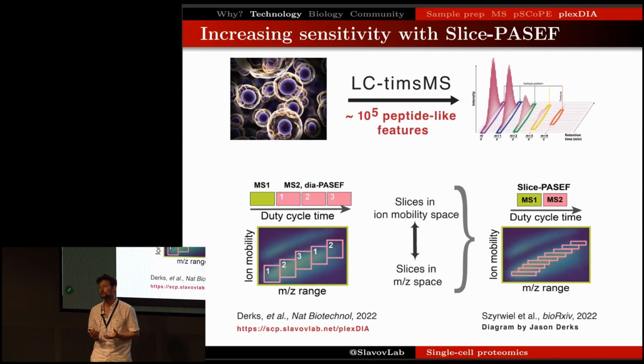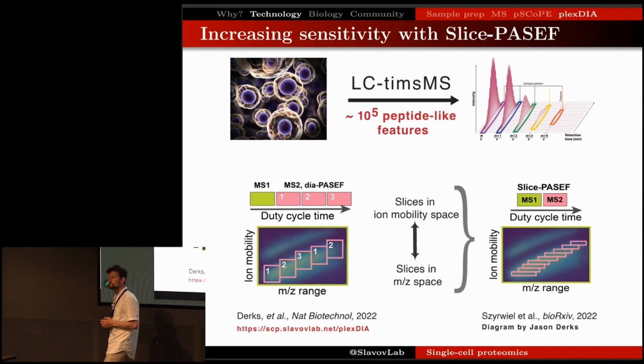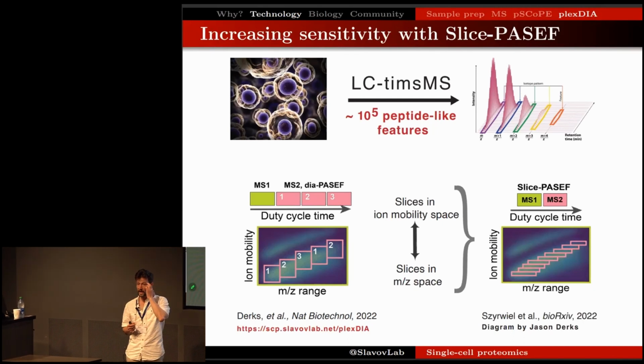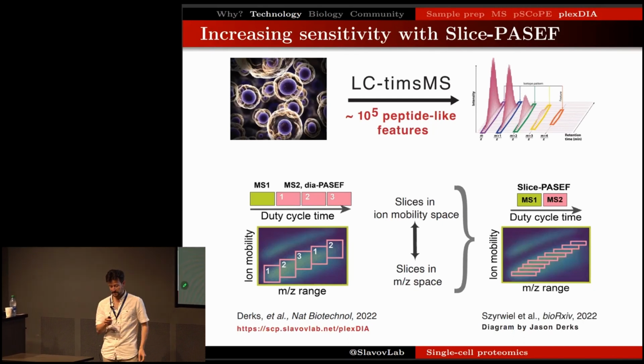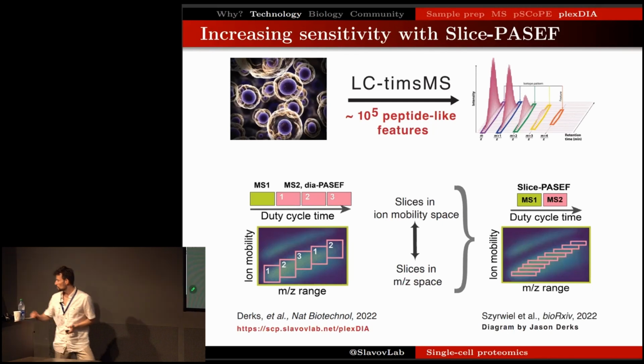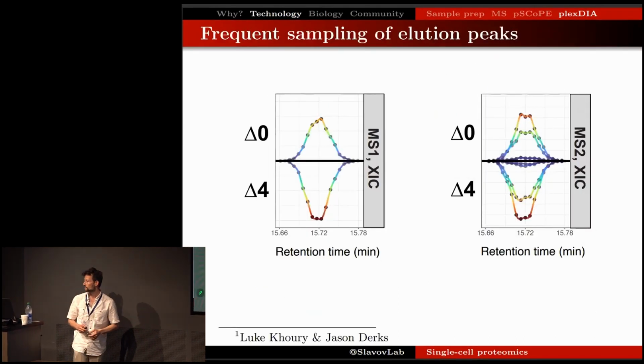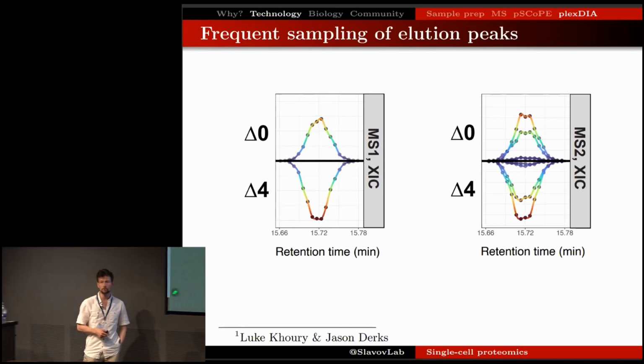Of course, data interpretation is more challenging, but Vadim Demichev worked on incorporating a module in DIA-NN for interpreting this data. And I can show you some preliminary results from this acquired by Jason Derks in my group.